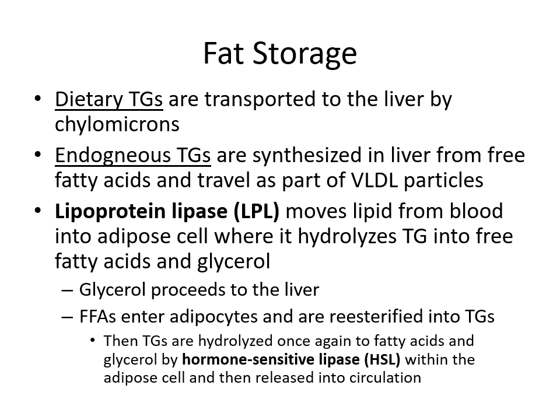The glycerol proceeds to the liver, and free fatty acids enter the adipocytes to be re-esterified, or reconfigured, into triglycerides. Then triglycerides are hydrolyzed once again to fatty acids and glycerol by hormone-sensitive lipase within the adipose cell and released into circulation.